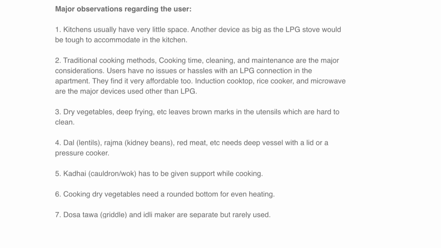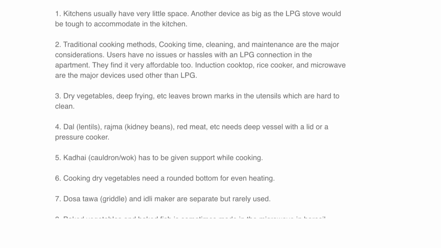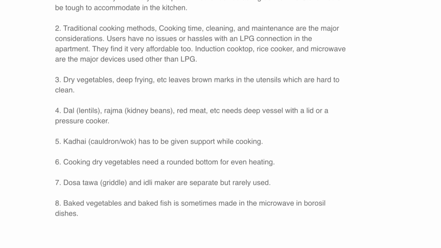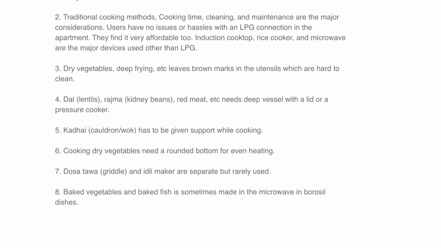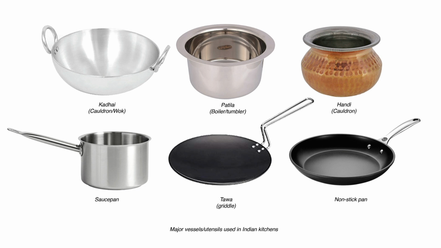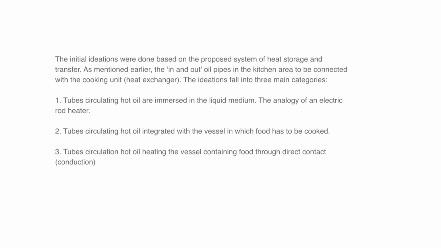Then we went to a few Indian homes and took a look at their kitchens, how they cook, what they cook, and the major vessels they use. Initial ideations were done on, as I mentioned, heated oil coming through copper tubes, and then going out, and the cycle continues.